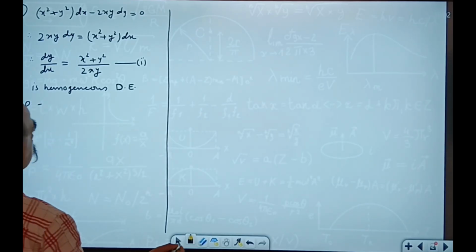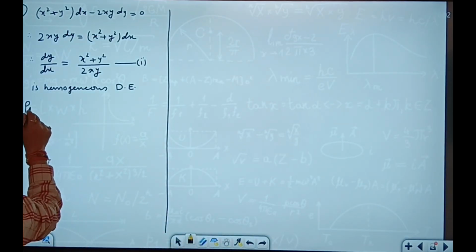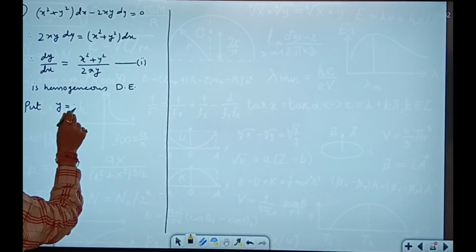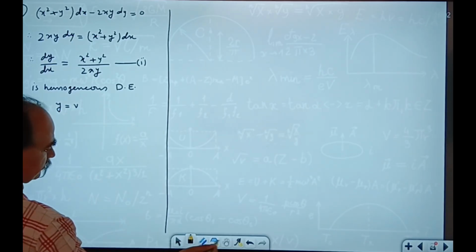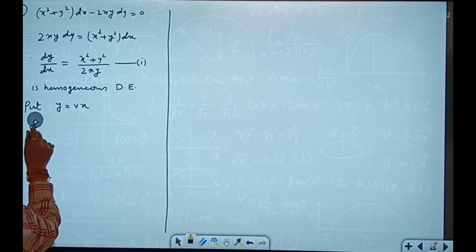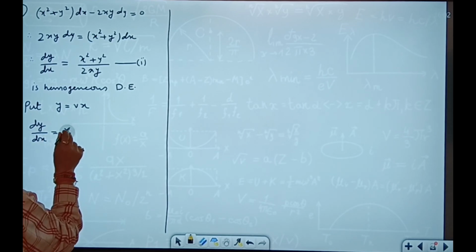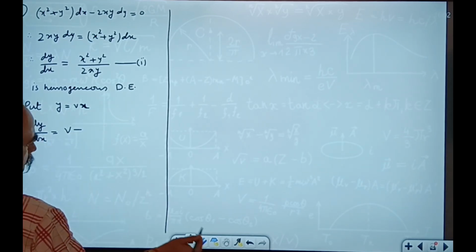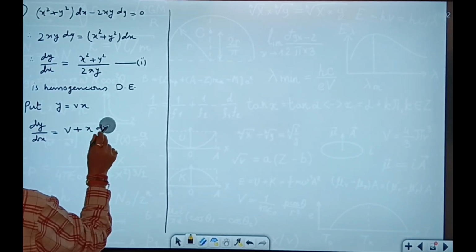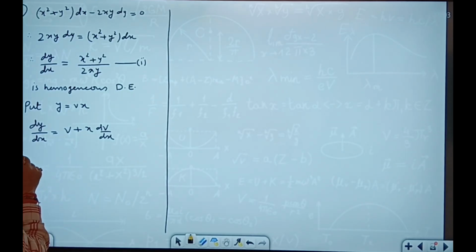Put y is equal to vx. So dy by dx is what? v plus x dv by dx.